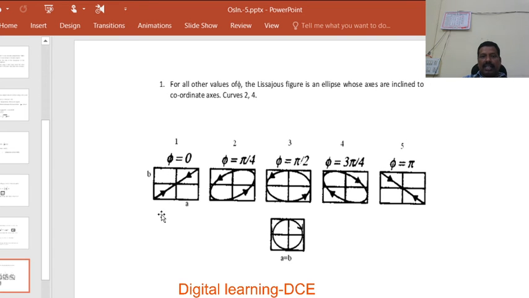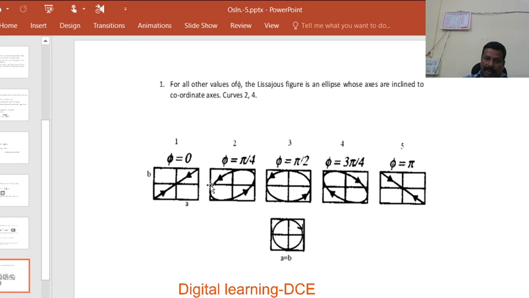Next possible case is for all other values of phi, the Lissajous figure is an ellipse whose axes are inclined to the coordinate axes. That is curve 2 and 4. That is phi value is pi by 4 or phi value is equal to 3 pi by 4. For 5 pi by 4 we are going to get the ellipse like this.